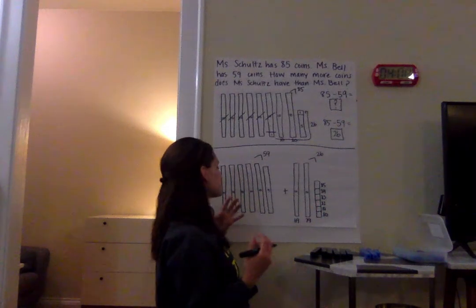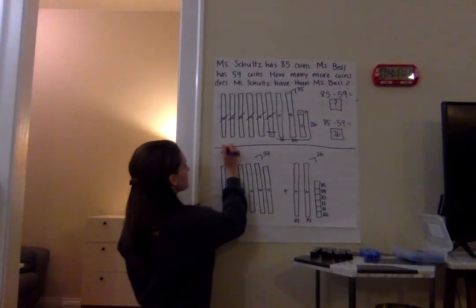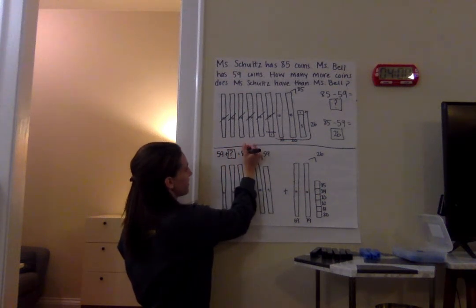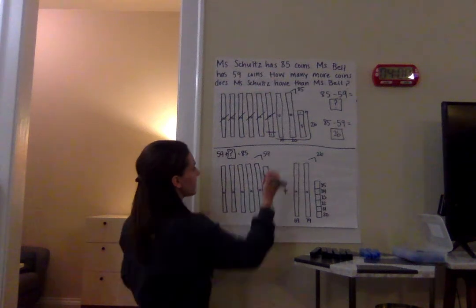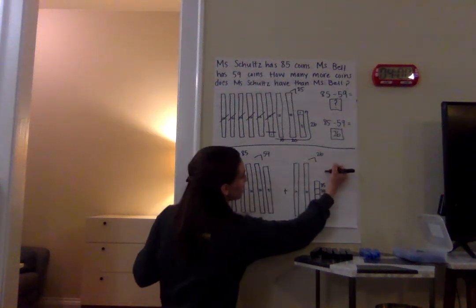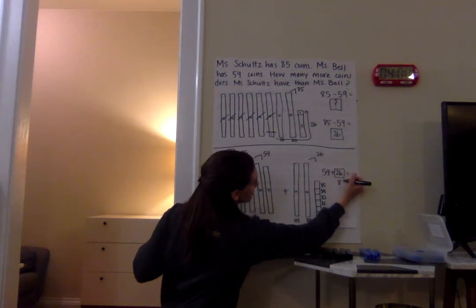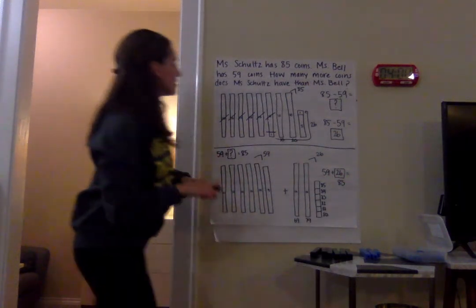Perfect. So my number sentence for this is a little bit different, and it would look like 59 plus question mark equals 85. When we solved that, we found, I'm going to put it over here, I have some space, 59 plus 26 equals 85.